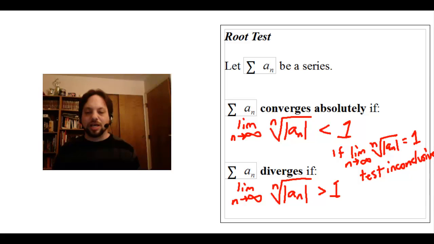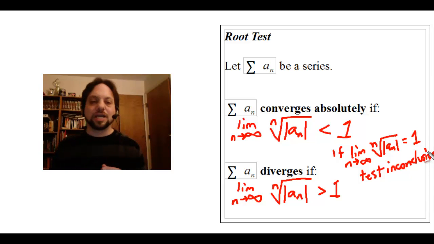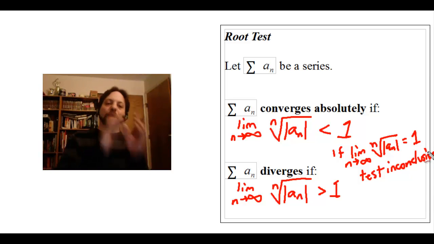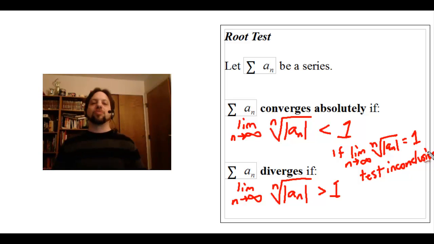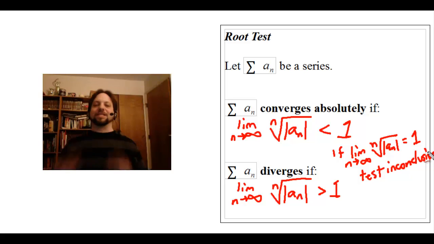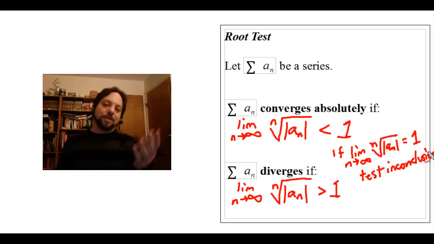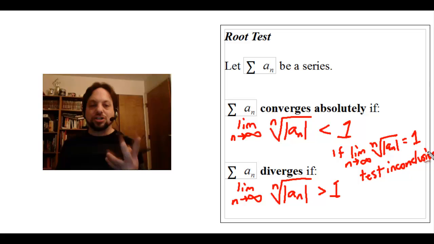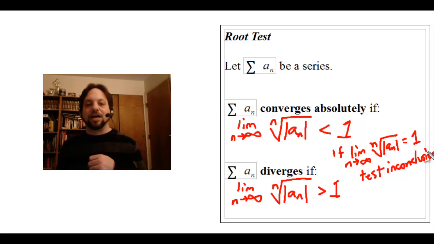And notice there are so many similarities between the root test and the ratio test that all you need to remember is one set of conditions, one set of conclusions, and it makes it that simple. So, because it is that easy, let's just take a look at two examples here and see the root test in action.